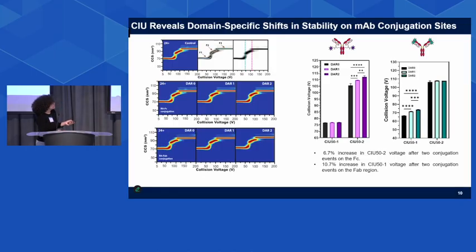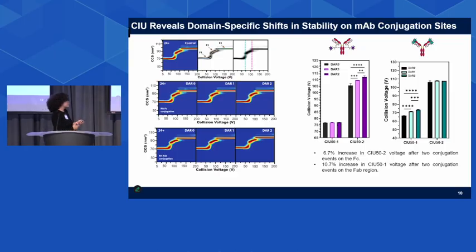And when we look at the mAb conjugated on the Fab, and for comparison purposes, I'm showing 0, 1, and 2, we now see that the shift in stability occurs in the CIU51, while the CIU52 stays the same.